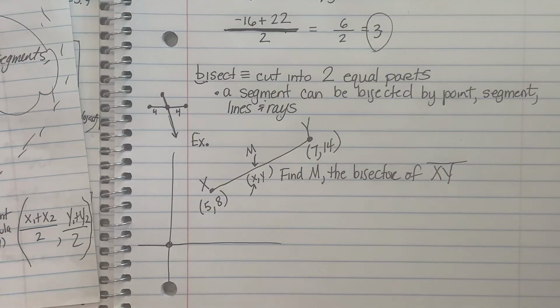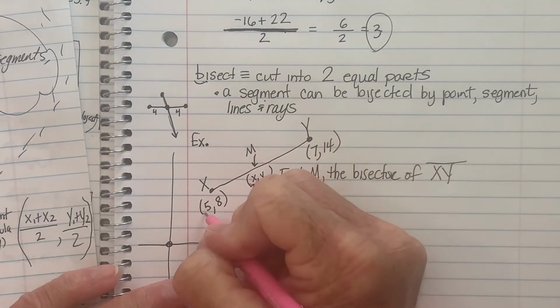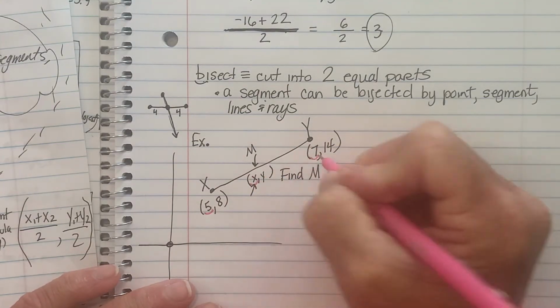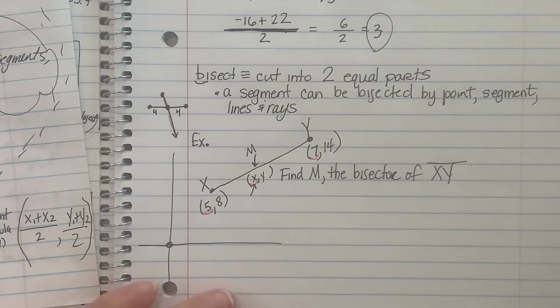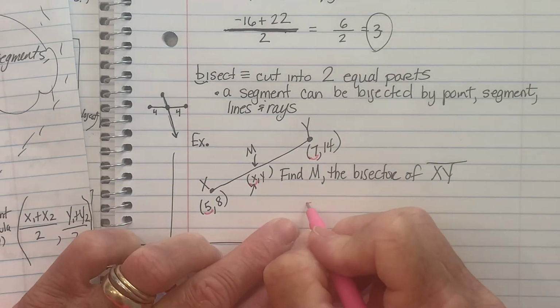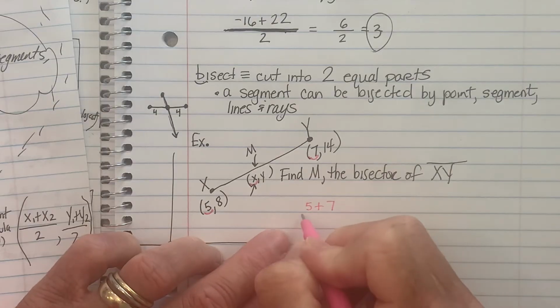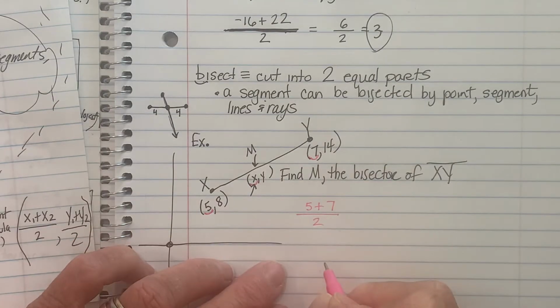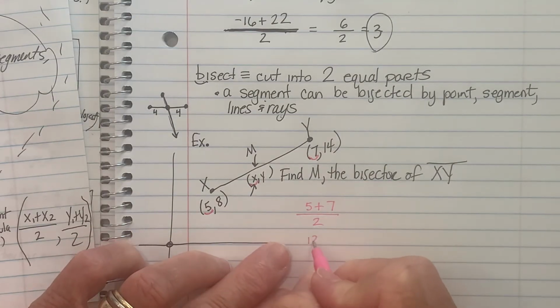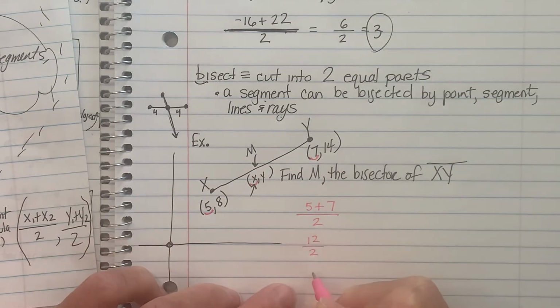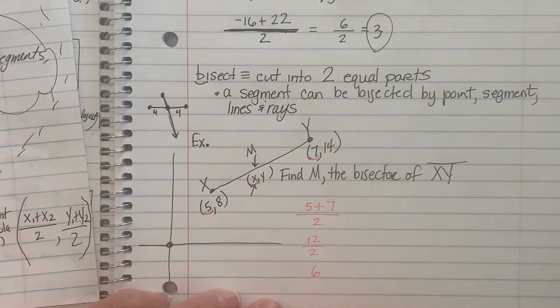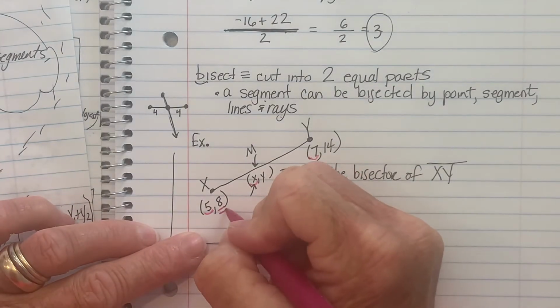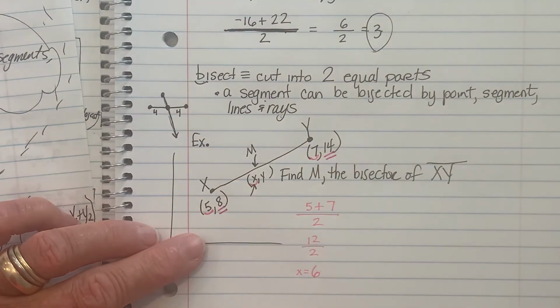In order to find the x value, we'll look at the two x coordinates and simply average those together. So we'll take the 5 plus the 7 and divide by 2. 5 plus 7 is 12, and 12 divided by 2 is 6. So the x coordinate of that point is equal to 6. The only difference is now we have a y coordinate for each of these points as well.